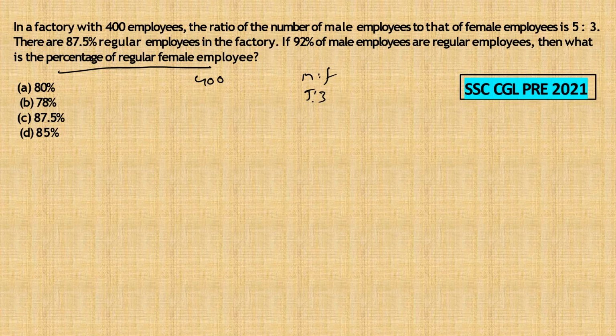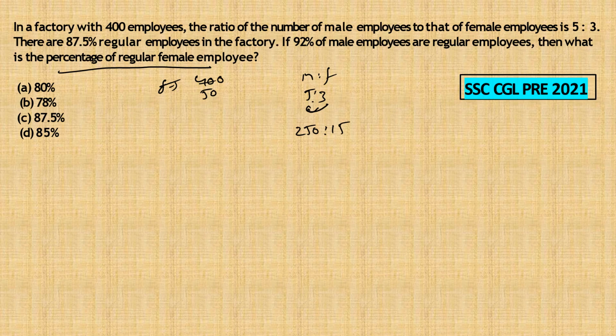Male and female employees are 8 ratio combined, and 8 ratio denotes 400. 8 5s are 40, that is 1 ratio is 50. Males are 5 into 50, that is 250. 50 into 3 denotes females.